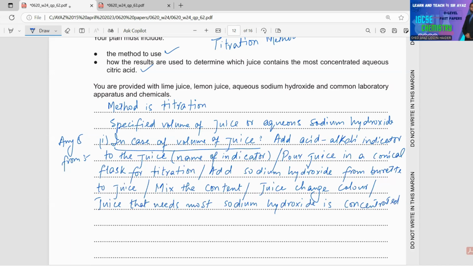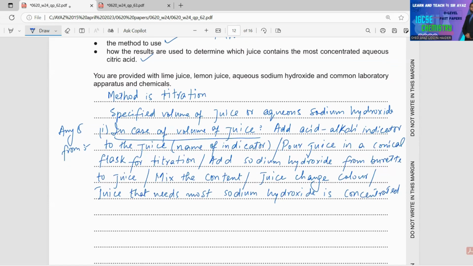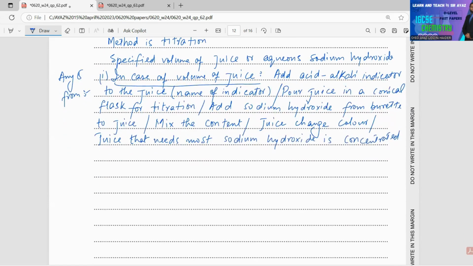Now, this is one way of doing this question. You can go for the other way, that is in case you are taking sodium hydroxide in the conical flask. So I'm going to write, or any five from these.